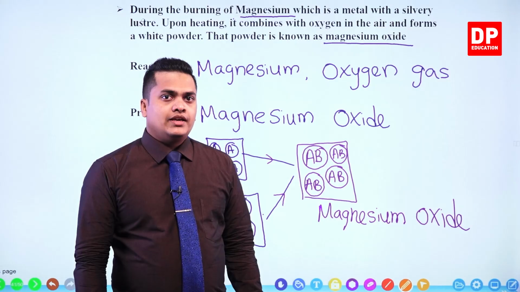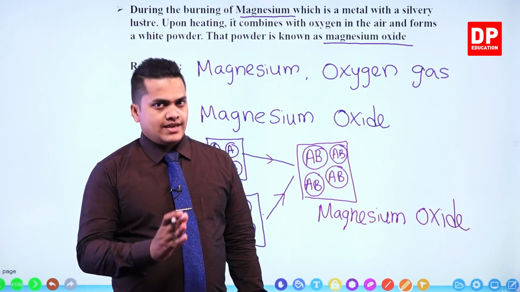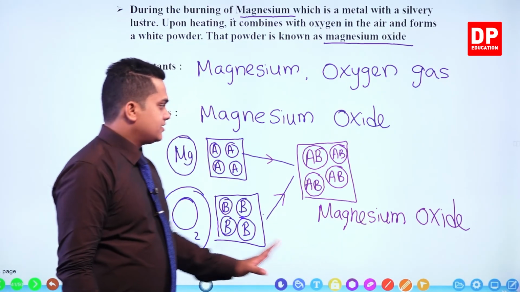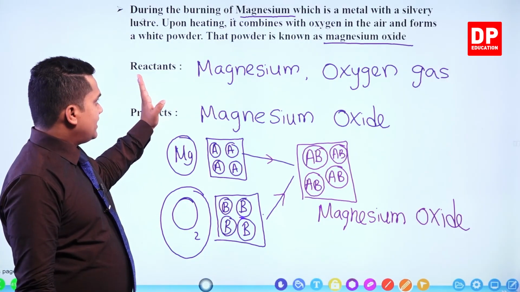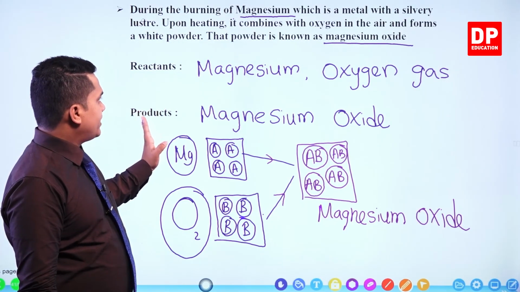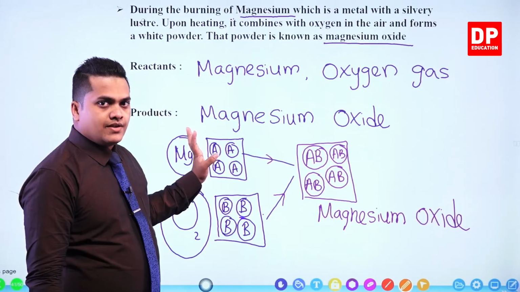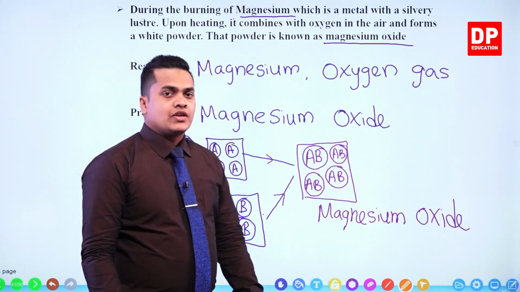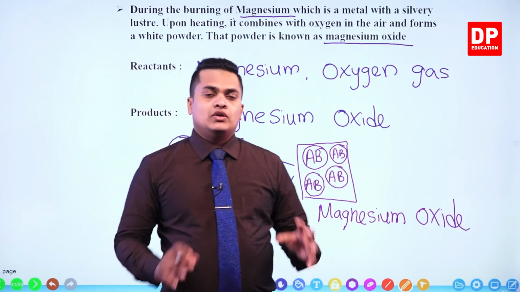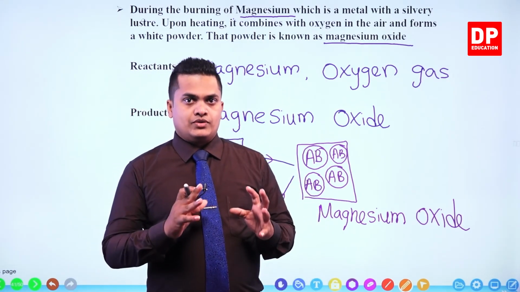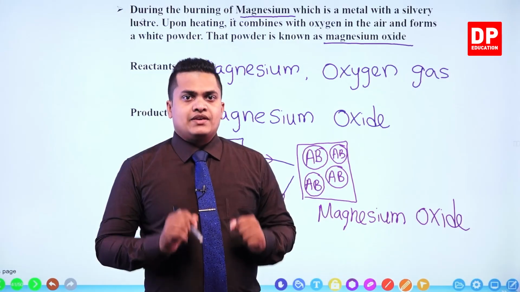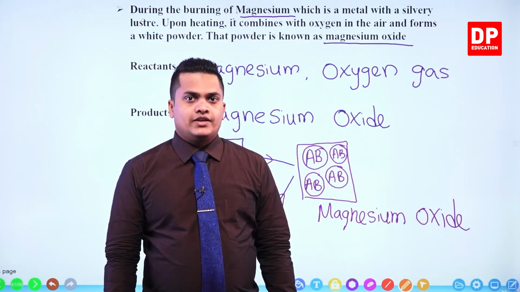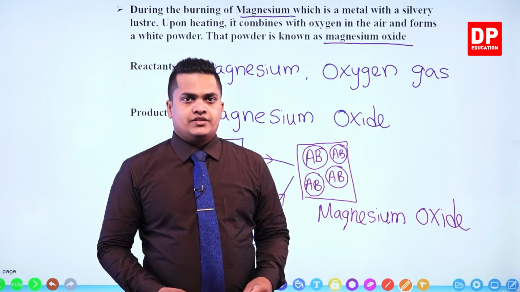So basically, in a chemical reaction, reactants are getting converted into products. Products are the new substances, reactants are the initial substances. So this is the nature of chemical changes.